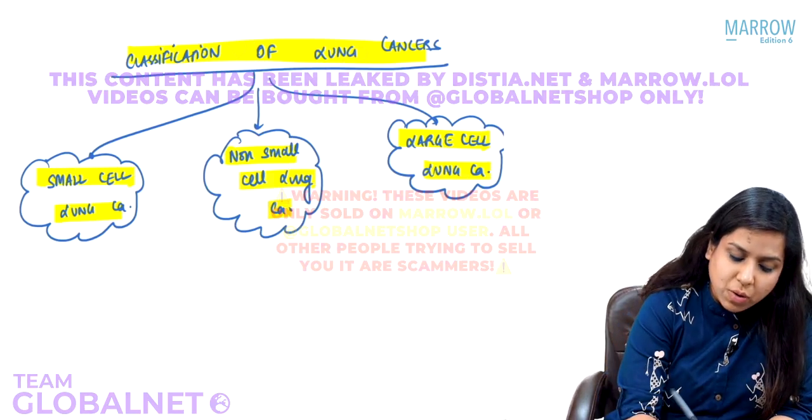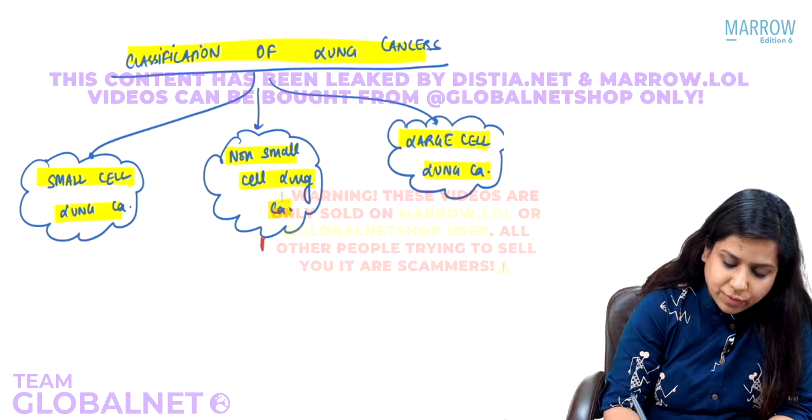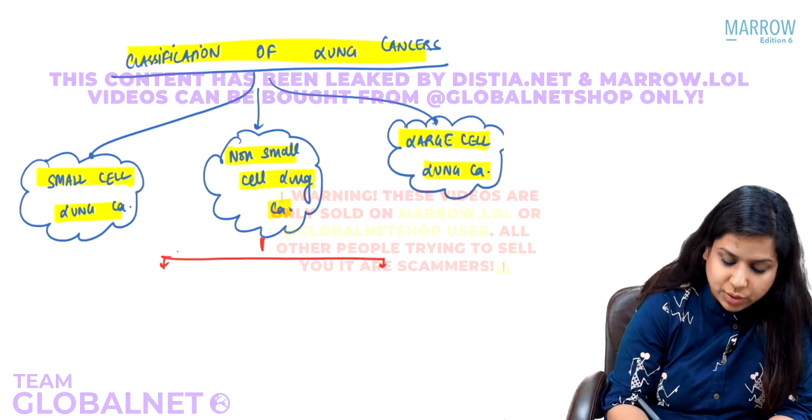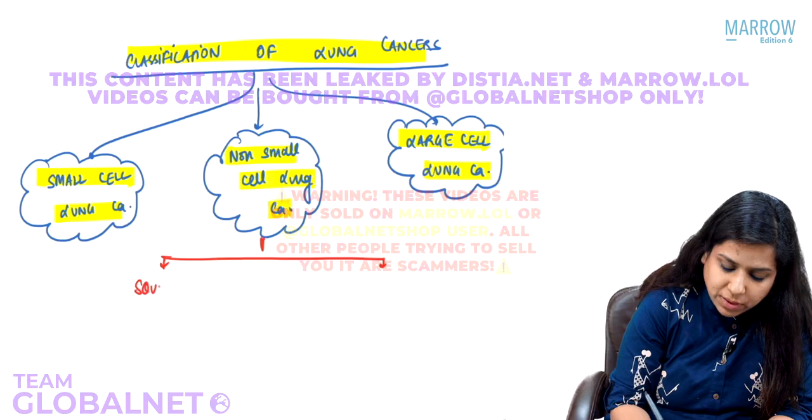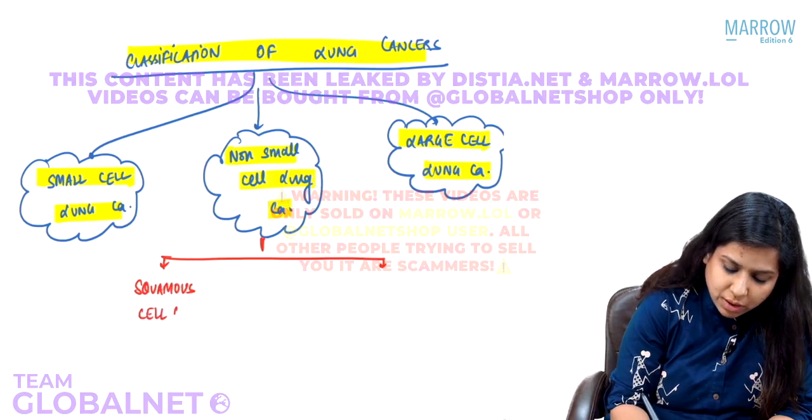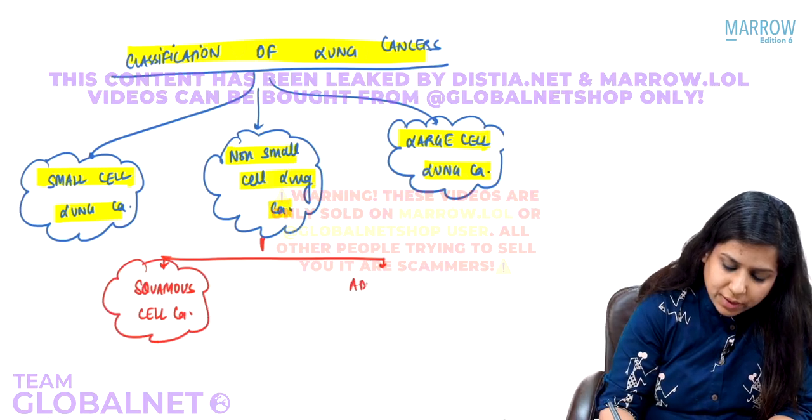The non-small cell variety is further subdivided into two types. They are of two kinds, students. Squamous cell carcinoma of lung, right? And the second is the adenocarcinoma of lung.